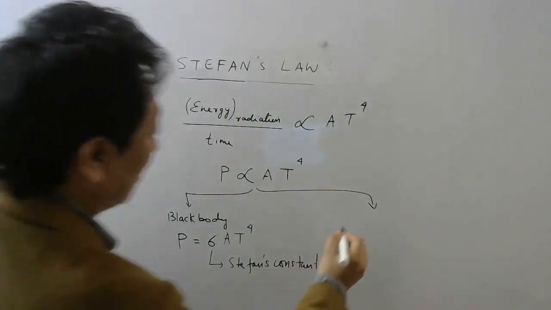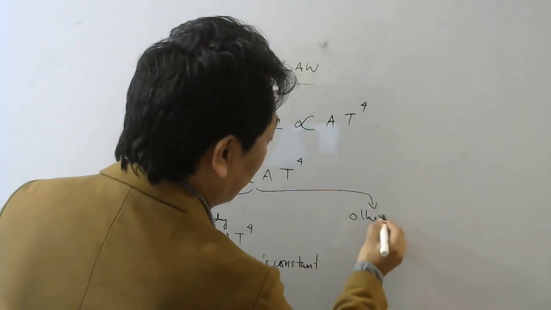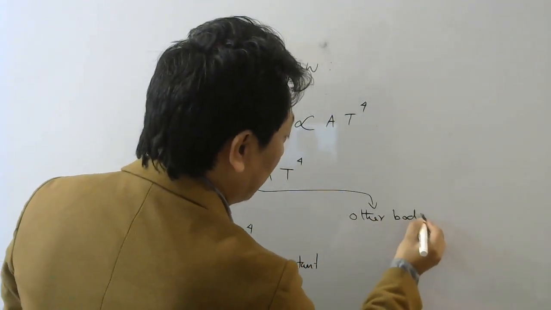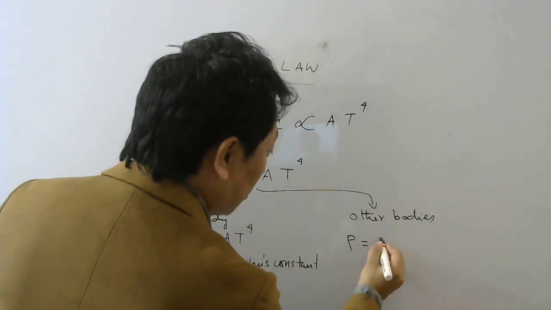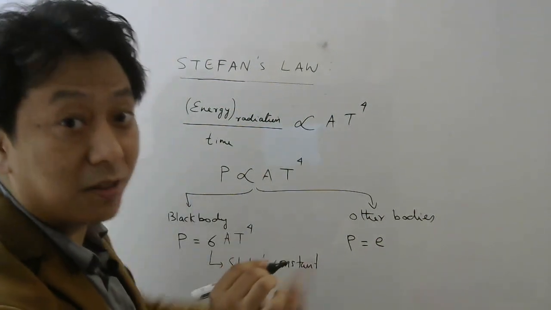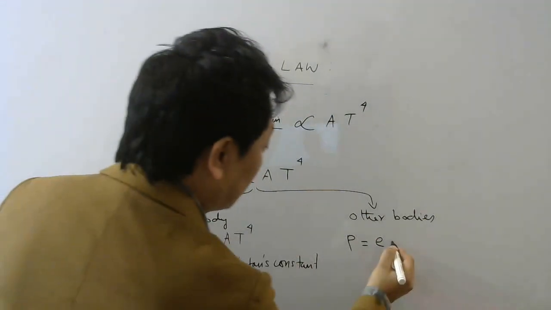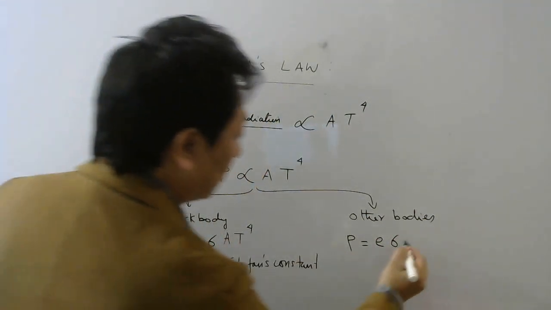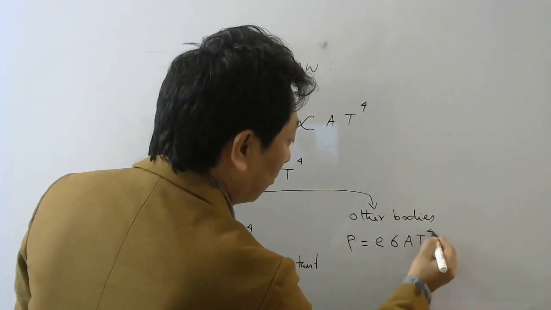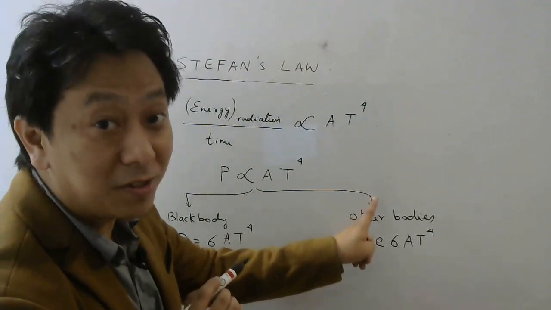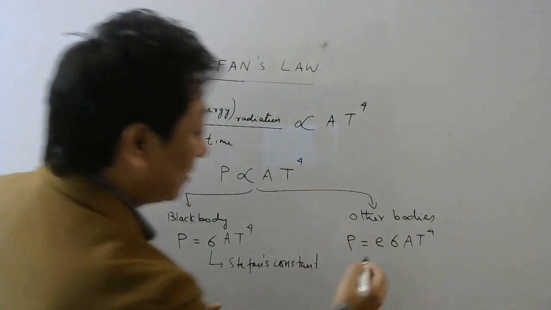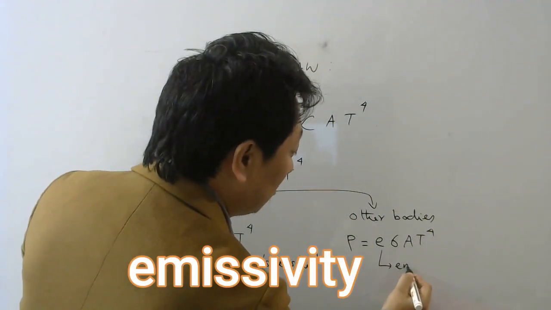So for other bodies which are not black bodies, the formula is written as thermal power equals to some constant E which depends on the body itself times sigma, the Stefan's constant, A T power 4. So just remember to put this extra constant which depends on the body, and this E is what we call emissivity.